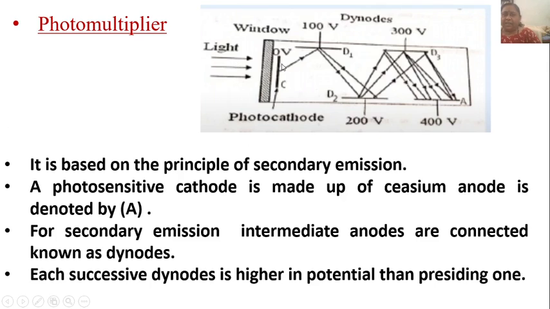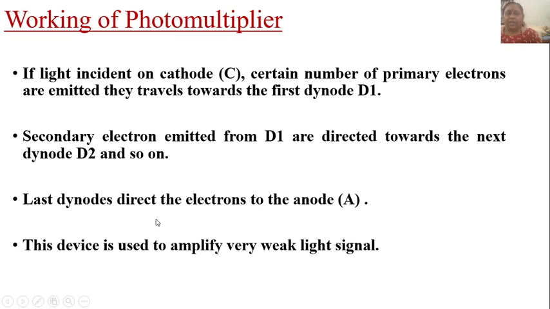When light falls on the cathode through this window, electrons are emitted and travel towards dynode D1, then towards D2 and then D3 as shown in the figure. The last dynode directs the electrons to the anode A, and this device is used to amplify very weak light signals.